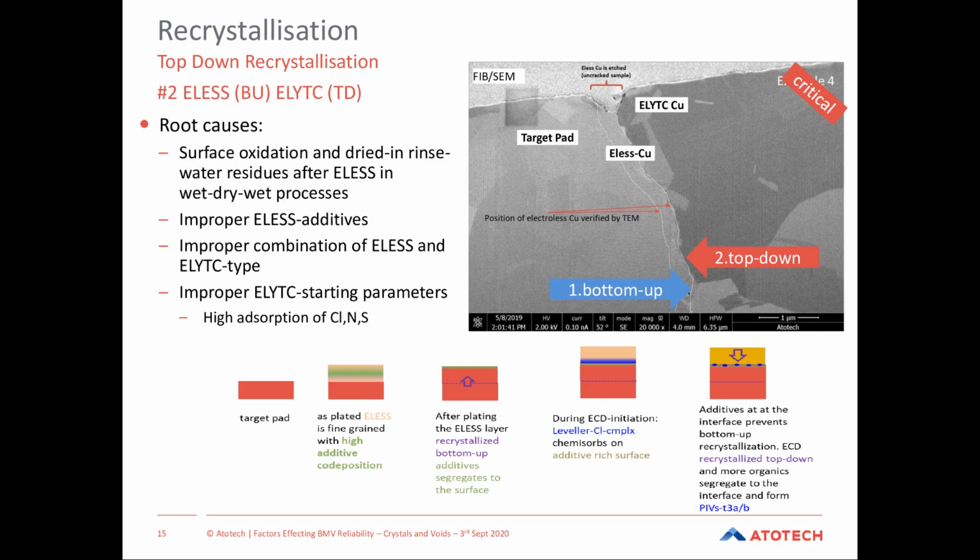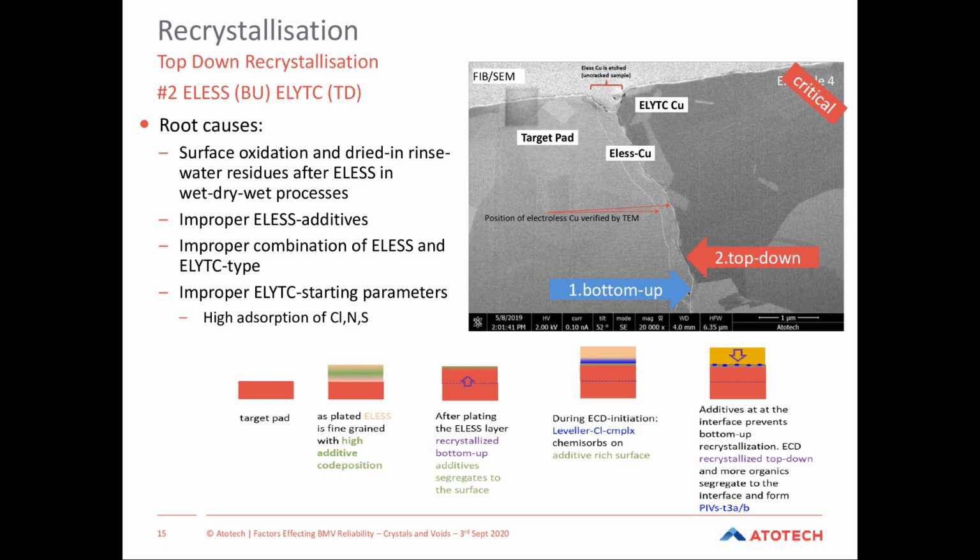That oxide is much more robust and is less likely to be removed by the acid cleaners, so it acts as the physical barrier to stop the diffusion passing through. For this reason, the electroless will bottom-up diffuse and crystallize, it will hit the oxide layer and the boundary stops, and then the electrolytic top-down crystallizes as well. So that's one way it can happen.